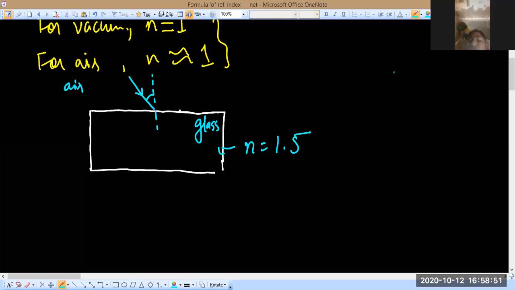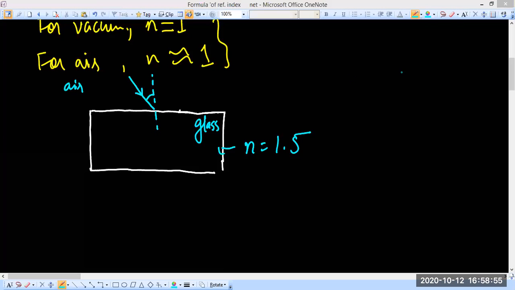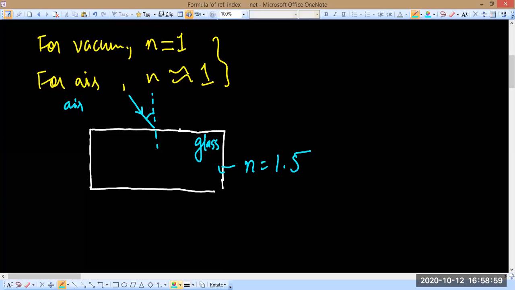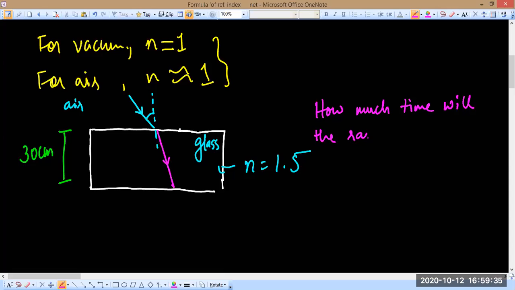Okay, so then you have to find out that if the thickness of this slab is 30 centimeter, how much time will the ray take to cross the slab, and assume this angle is 30 degree.